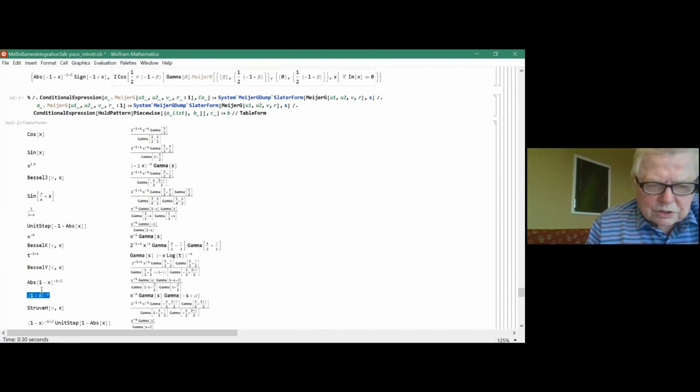It is Stieltjes transform kernel, generalized Stieltjes transform. You see gamma plus S and gamma minus S and parameter rho somewhere.